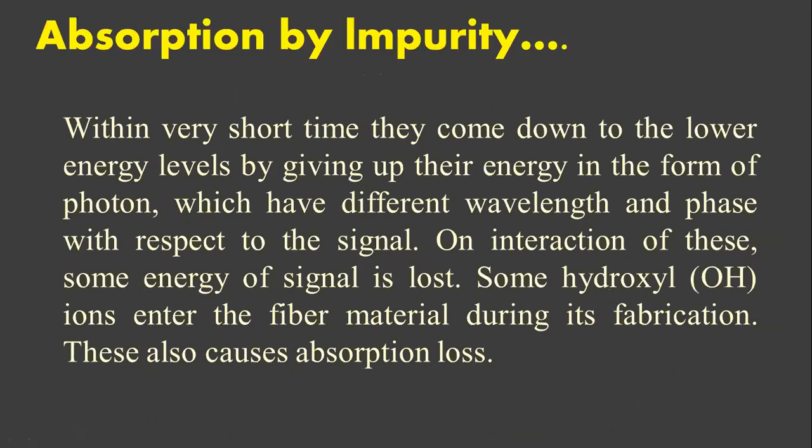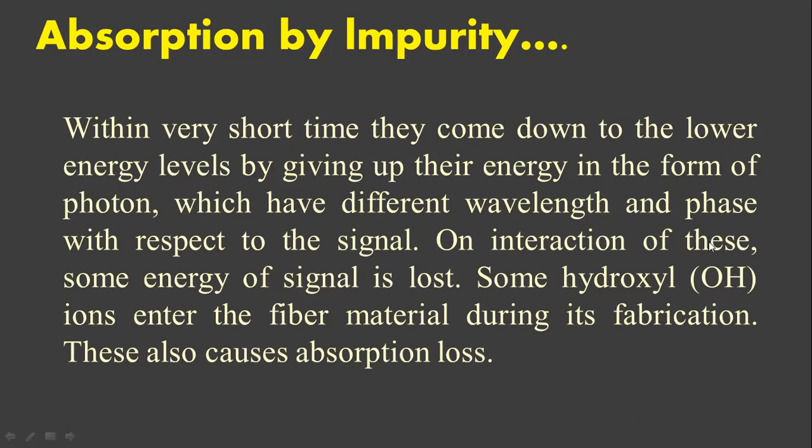So within a very short time, they will come down to the lower energy levels by giving up their energy in the form of a photon, which has a different wavelength and phase with respect to the signal.